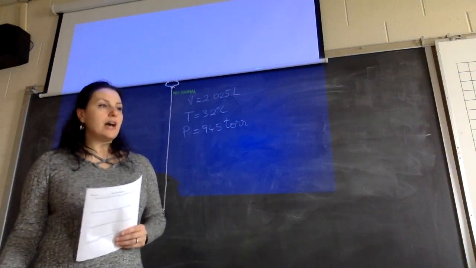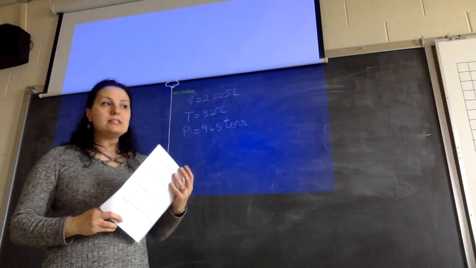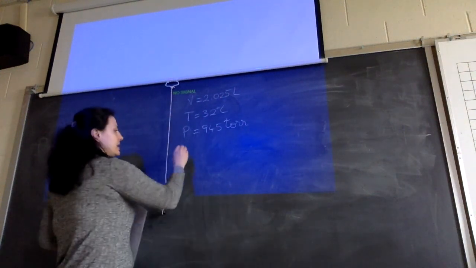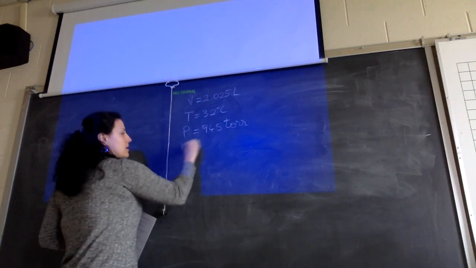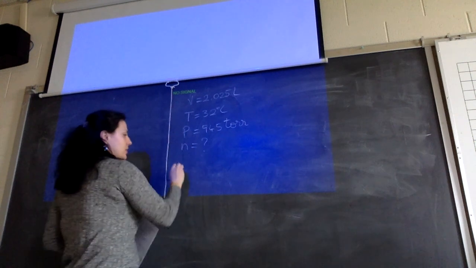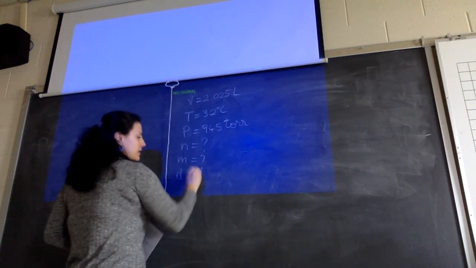How many moles of oxygen gas are in the cylinder? What is its mass? What is its density? Okay, so I have 3 different things that I need to solve for. The number of moles of oxygen, the mass in grams of oxygen, and the density of oxygen.